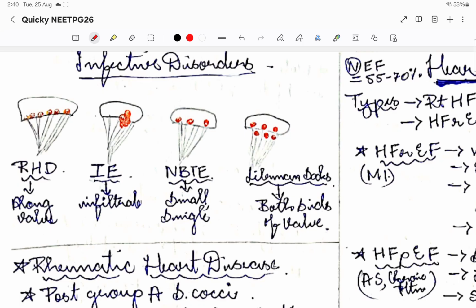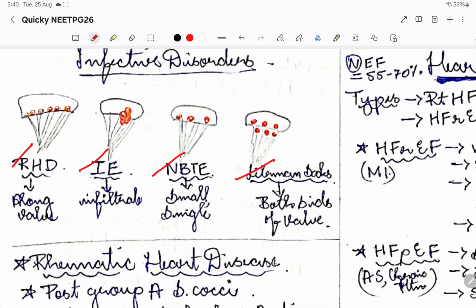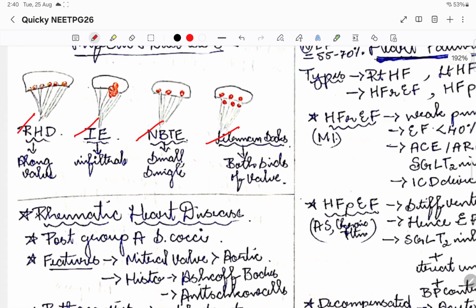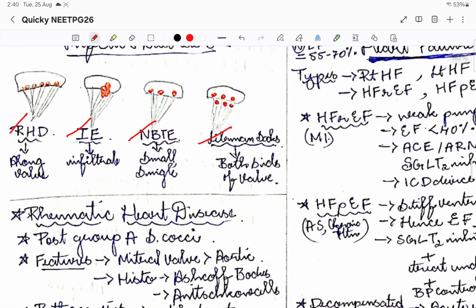In infective disorders, it is going to be RHD, that is rheumatic heart disease, infective endocarditis, NBTE, and Libman-Sacks disease. We'll discuss one by one how the vegetations will be. In RHD, it is along the valves and quite small, whereas infective endocarditis is going to be infiltrating the valves.